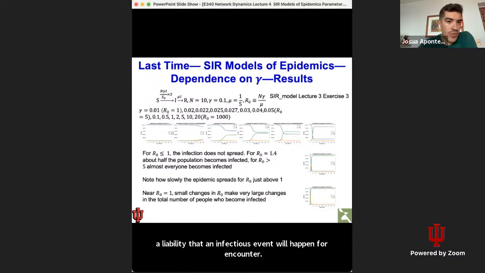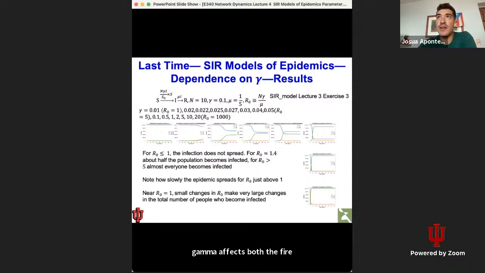And what we do see is that gamma affects both the final number of individuals that will get infected and also the time scale of the infection. So you would expect that the bigger gamma is, the faster more people are getting infected, and the more people will have been infected by the end of the epidemic.